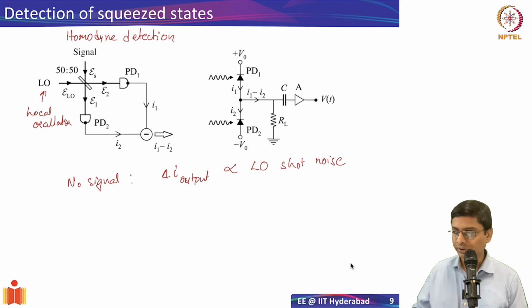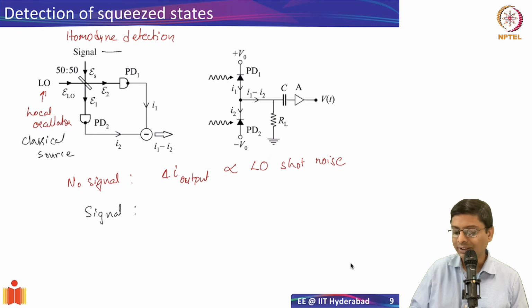Now if you introduce a signal, it is basically a quantum source. The local oscillator is classical. It's a large number of photons, so it can be treated classically. Let's say the signal is a quantum source, for example squeezed light, quantum light.